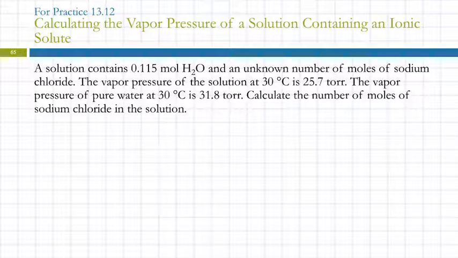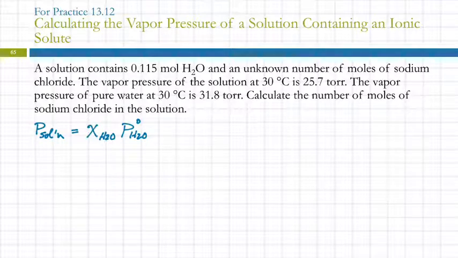Well, the vapor pressure of the solution is equal to the mole fraction of the solvent, water, times the vapor pressure of pure water, or pure solvent. So this one is kind of backwards from other ones that we've done.